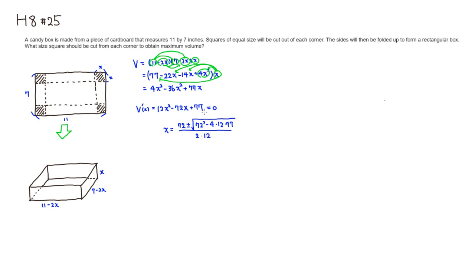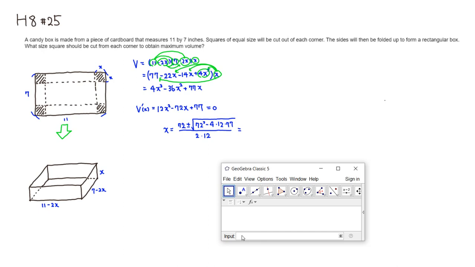So let's compute this. You have a couple of values we can get, so I'm going to open up GeoGebra here. Let's compute. This is going to be 72, let's do the minus one, minus the square root of 72 squared minus 4 times 12 times 77, divided by 2 times 12, so 24.